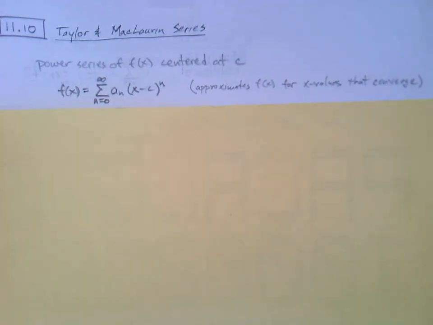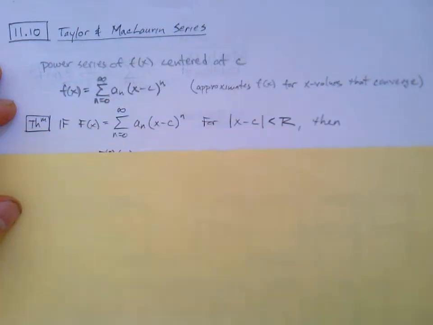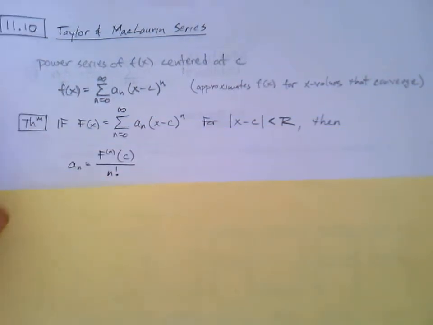Okay, so at this point we've got a theorem, and we will explore this. We'll prove it, in fact, and the proof even helps us when we get to problems.